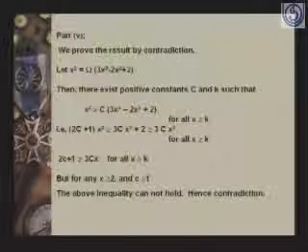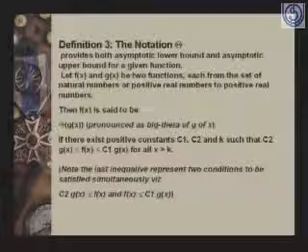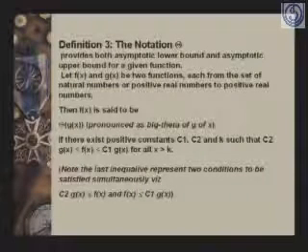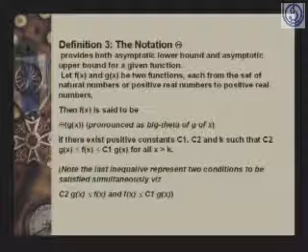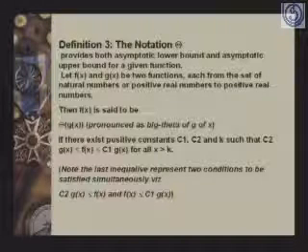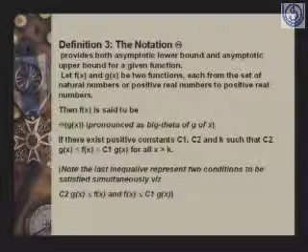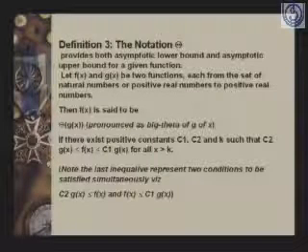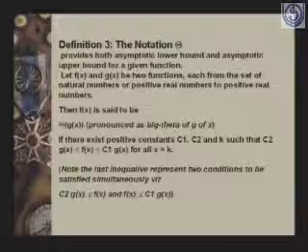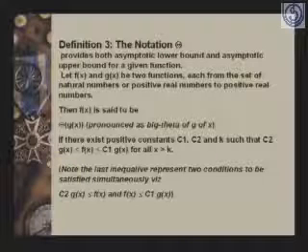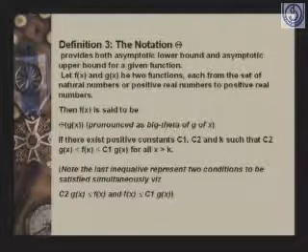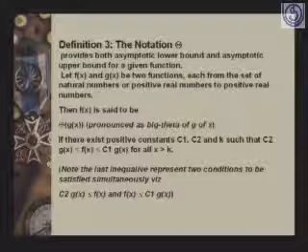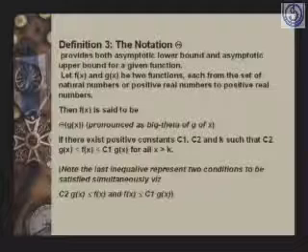So friends, these are two notations which we have already discussed, big omega and big O notation. There is a third notation which is called theta notation. As we already discussed, big O provides an upper bound on the complexity of an algorithm, and big omega provides a lower bound.